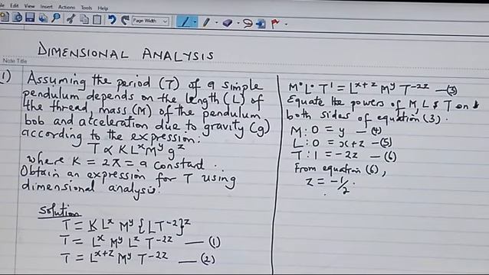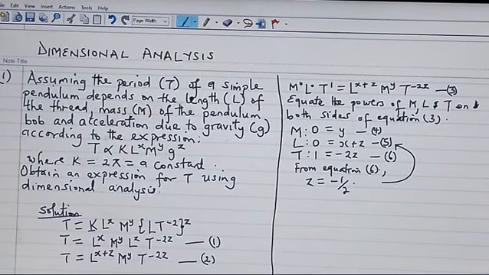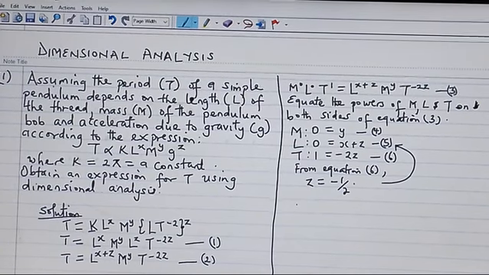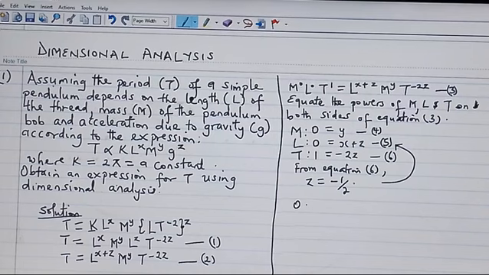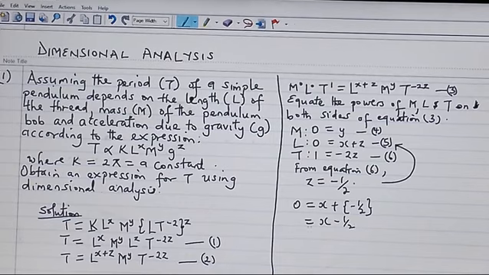So Z is minus 1/2, and we substitute that into equation 5 to get the value for X. So from equation 5, we say 0 is equal to X plus Z, minus Z minus half, which is written as X minus half.